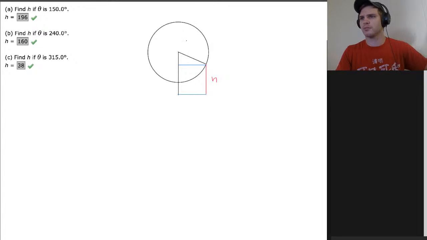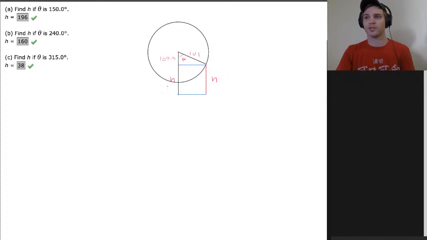Let's see, what do we need? If this is h here, then this side here is also h. And this whole side was 109. So this little bit here is 109 minus h. Then this side is 101 since it's also the radius of this thing.